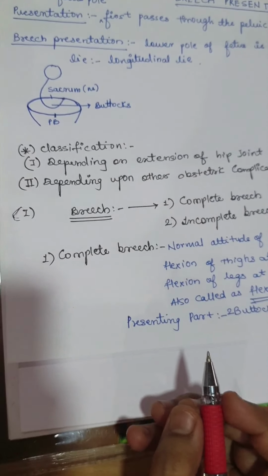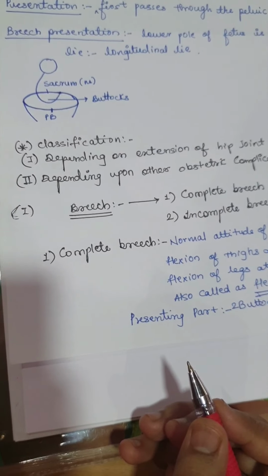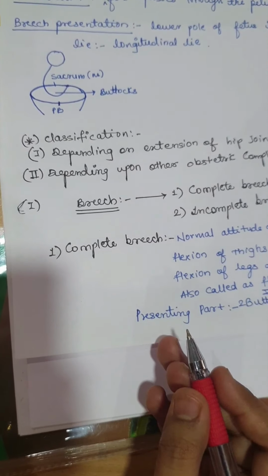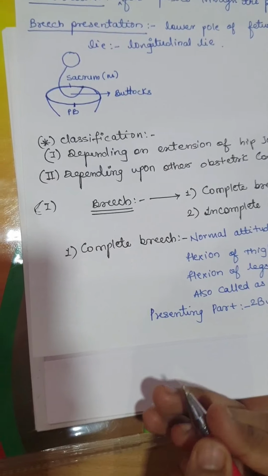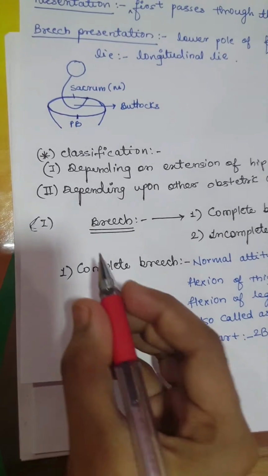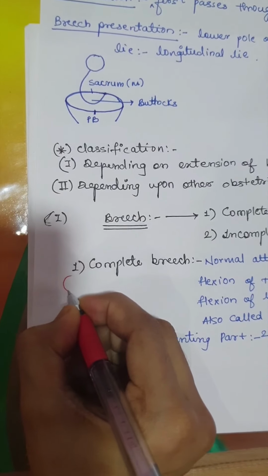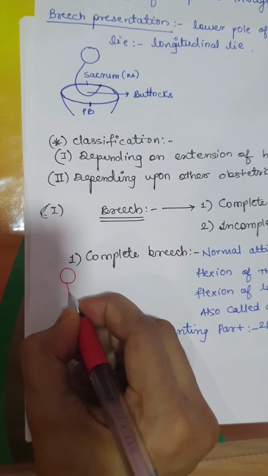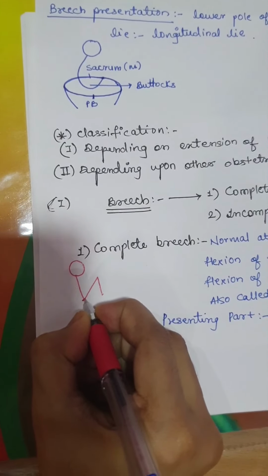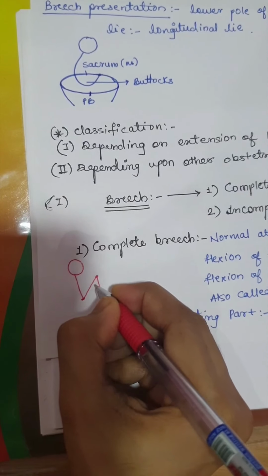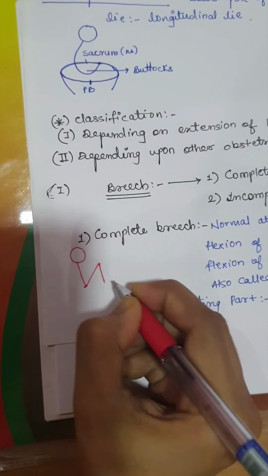So for proper remembrance of the complete breech, the flexed breech, we could draw the following schematic diagram so that we could remember all the flexions of the joints and the presenting parts very easily. This being the hip joint and this being the knee joint, this will be the thigh and this will be the legs.